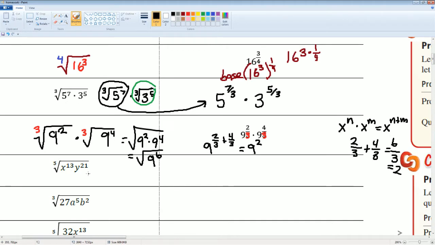It should be 5th radical, that's a horrible radical, x to the 13 times 5th radical y to the 21.